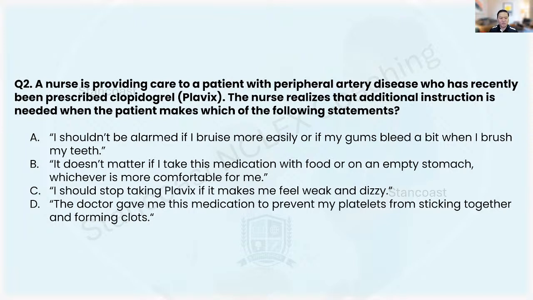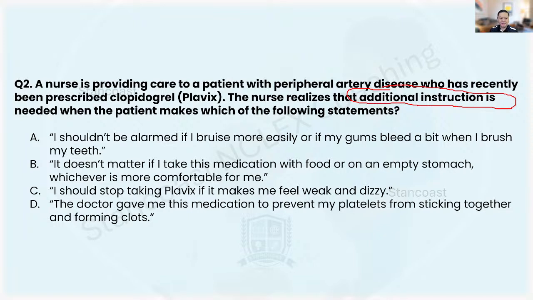Now, this test question is wanting us to select that option that reveals that the patient did not really understand the treatment, needs additional instruction. That is our clue right there. Okay, so you're going to look for that negative statement.